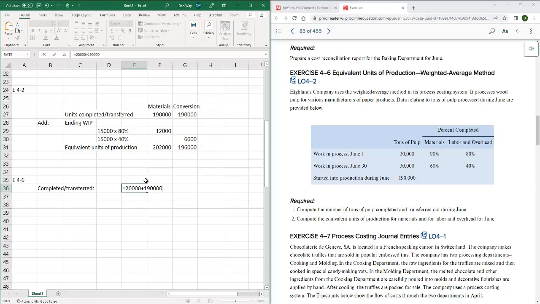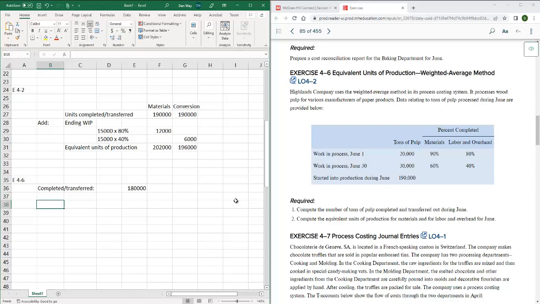If I take away from that the 30,000 that were still in work in process at the end of the period, the difference must be what I completed and transferred out of this department in that month. So again, beginning plus what I dumped into the process minus what's still there in work in process at the end of the period, I must have completed and transferred 180,000 tons.